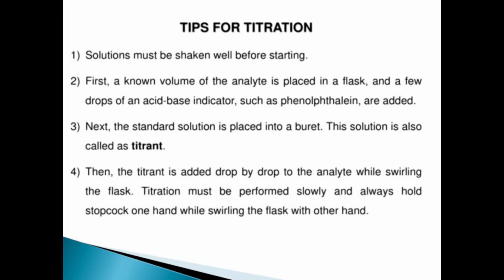Then the titrant is added drop by drop to the analyte while swirling the flask. Titration must be performed slowly, and always hold the stopcock with one hand while swirling the flask with the other. Why? Because when the color changes, we need to stop the stopcock.